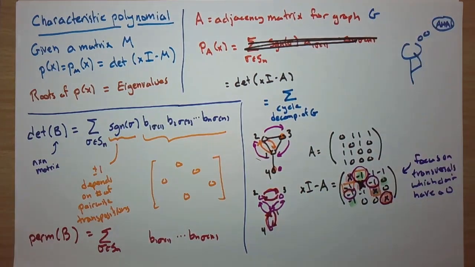So our graph G. Now, we should probably define what a cycle decomposition is.